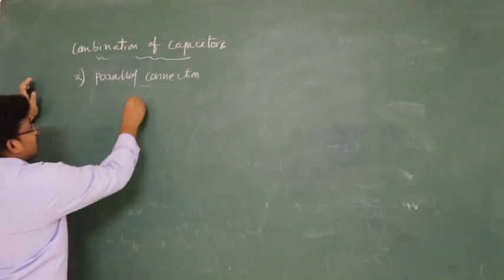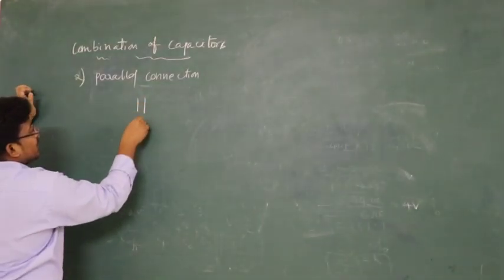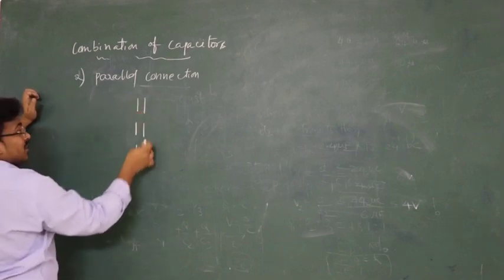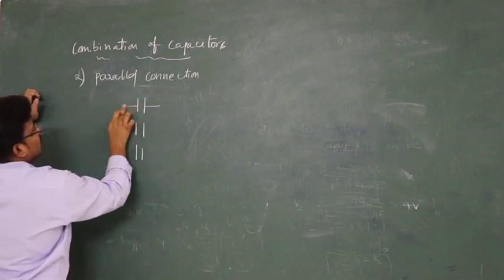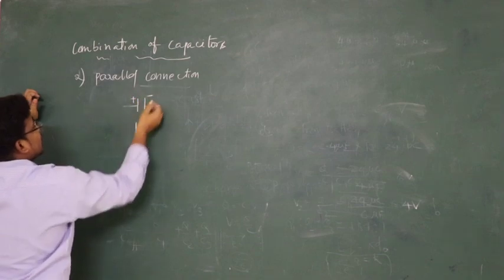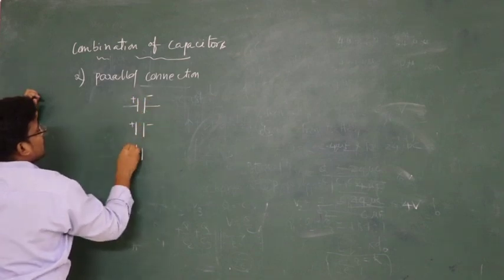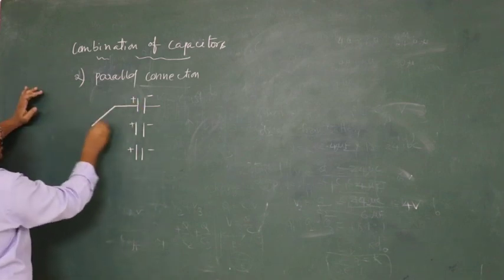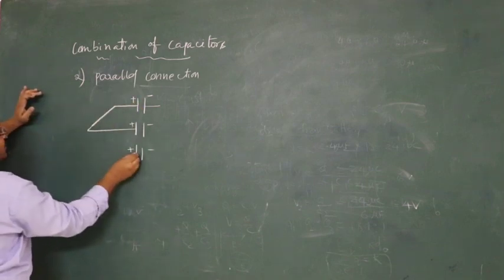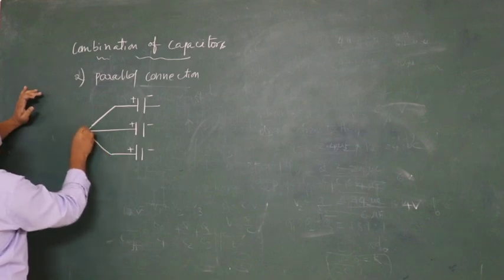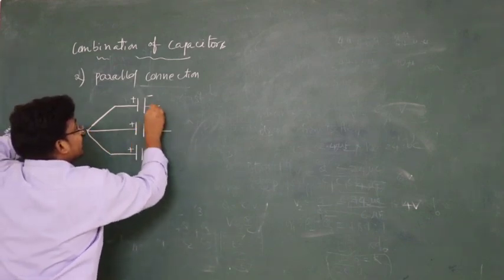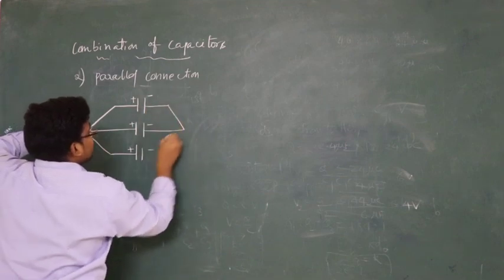I will take here the first capacitor, second capacitor, third capacitor. You know, this side one plate, this side one plate. So this is the positive plate, this is the negative plate. I can say that all these plates are connected at a point, and all the remaining plates are connected at a particular point.